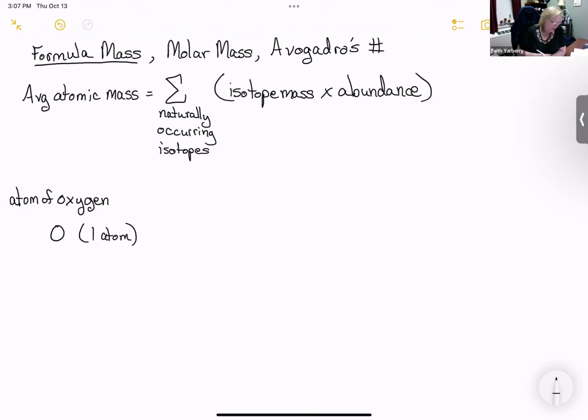Now, if we look up on the periodic table, we will find out that the average atomic mass is 15.9994 AMU.